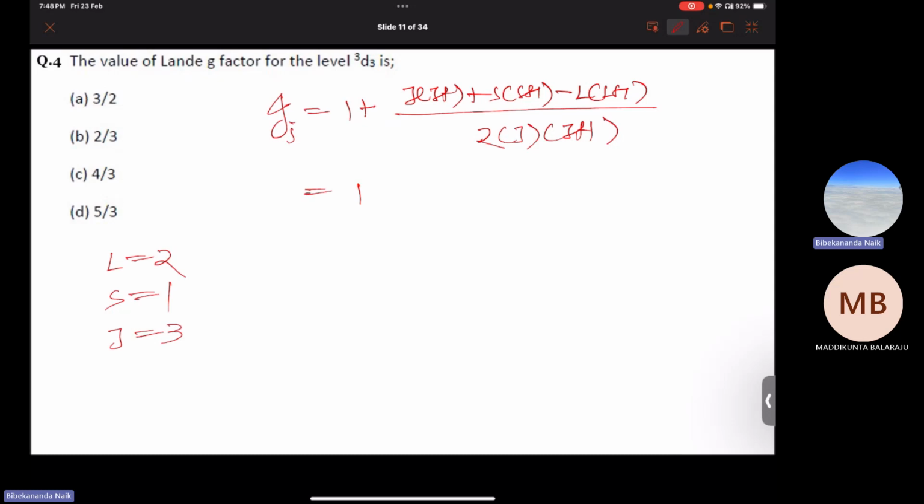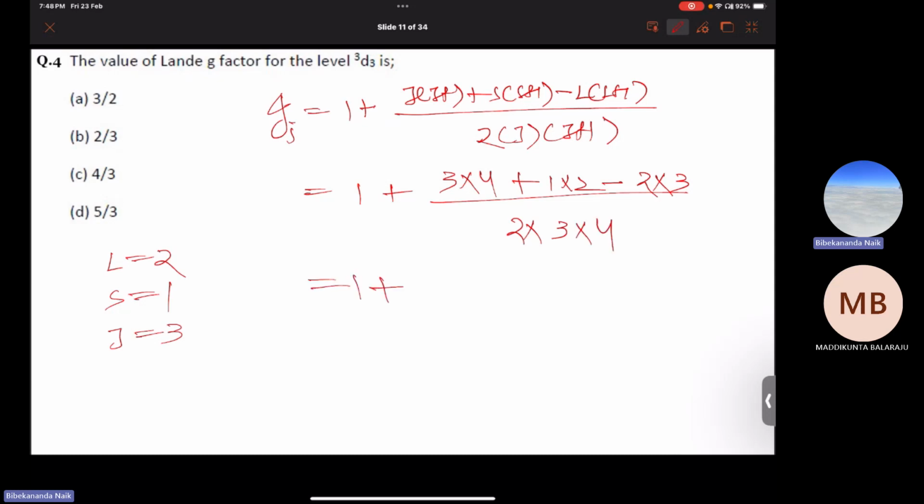So it will be 1 plus J is 3, so 3 into 4, plus S is 1, so 1 into 2, minus L is 2, so 2 into 3, divided by 2 into J is 3, so 2 into 3 into 4.